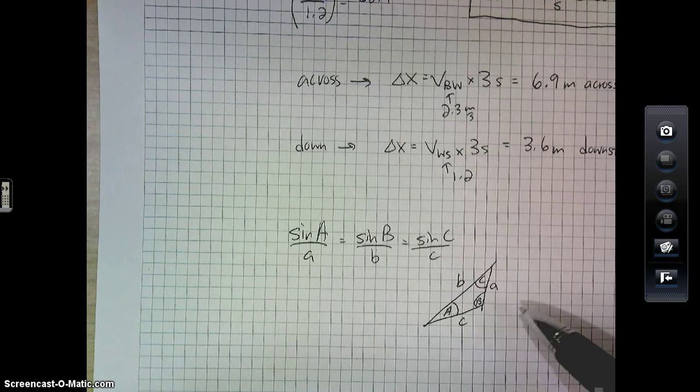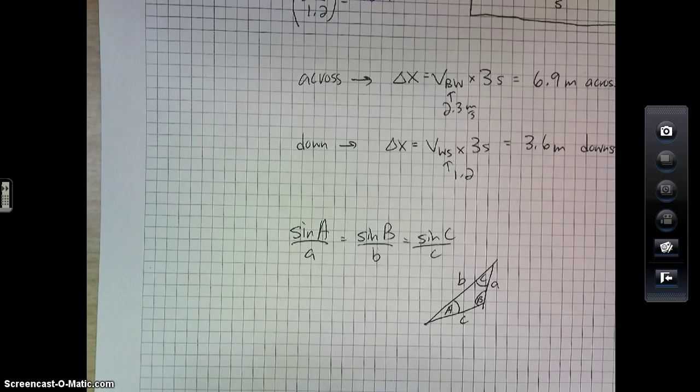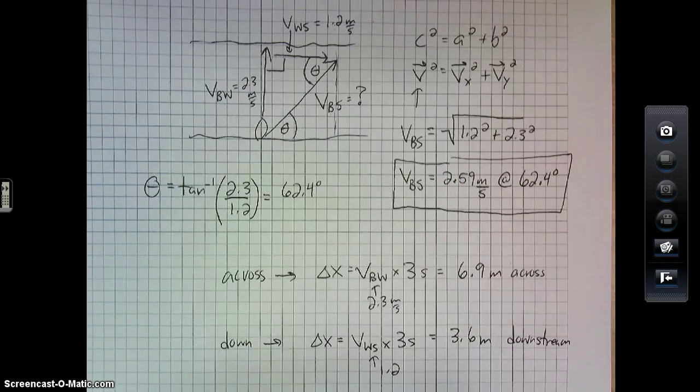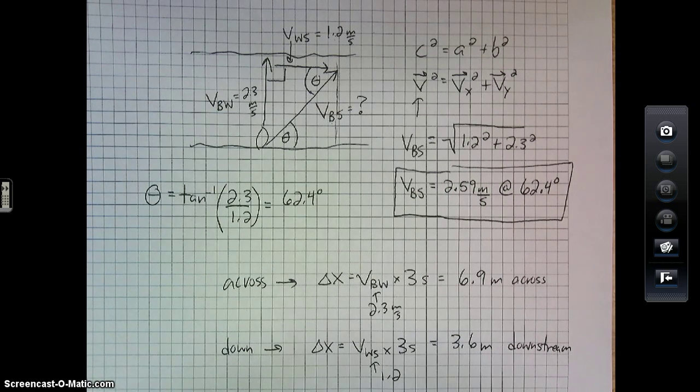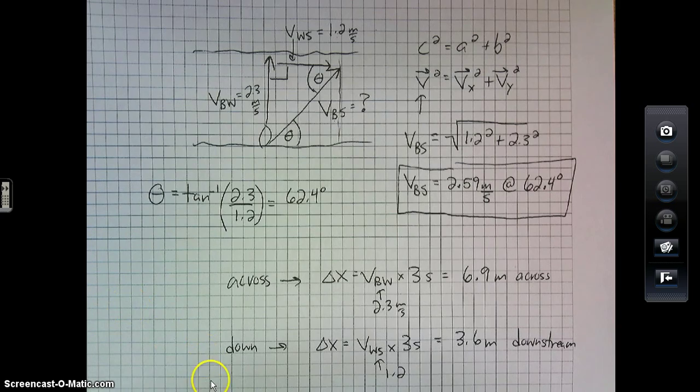That works for things that aren't a right triangle, so that might be helpful. Hopefully this example gets you on your way, and good luck with the rest. All right.